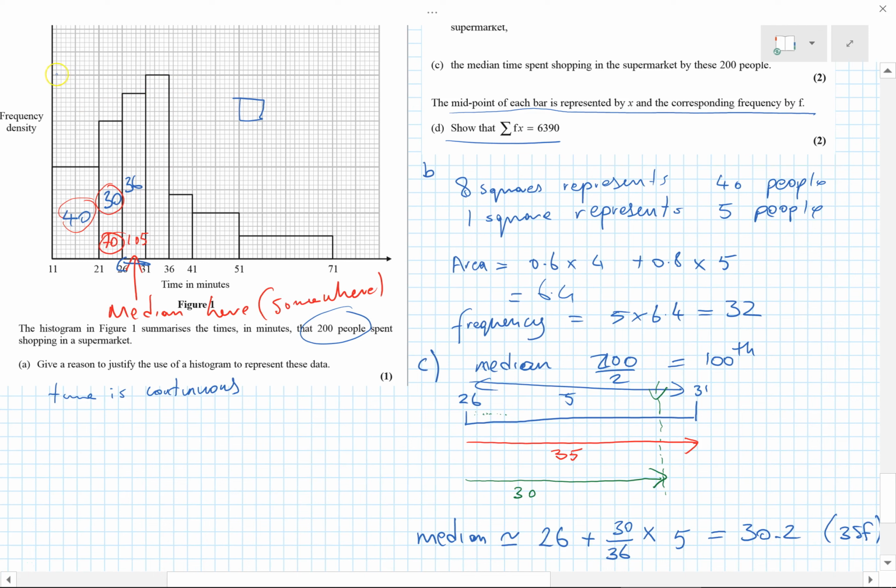This frequency here hopefully is a bit easier. I think it does work out bang on this time. The number of squares here is, I'm just trying to count, 1, 2, 4, 6, 8, 9.